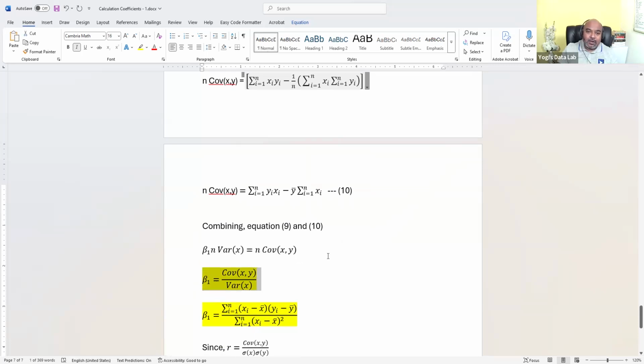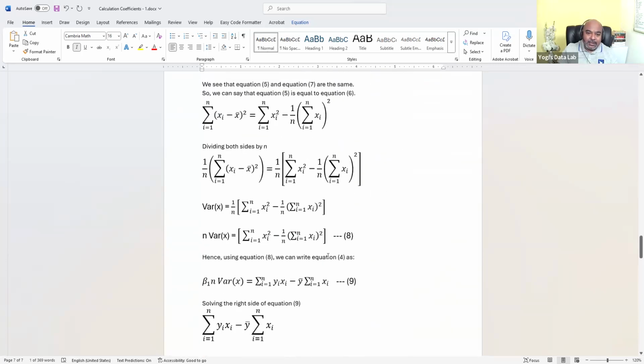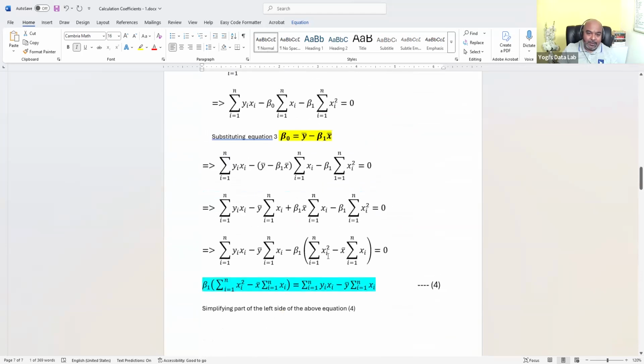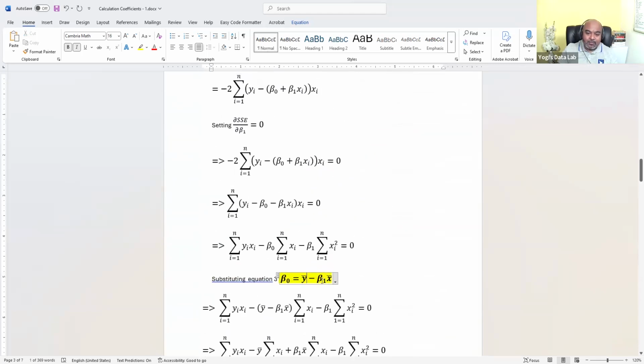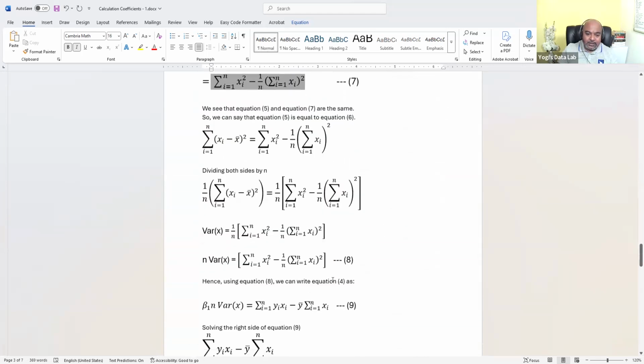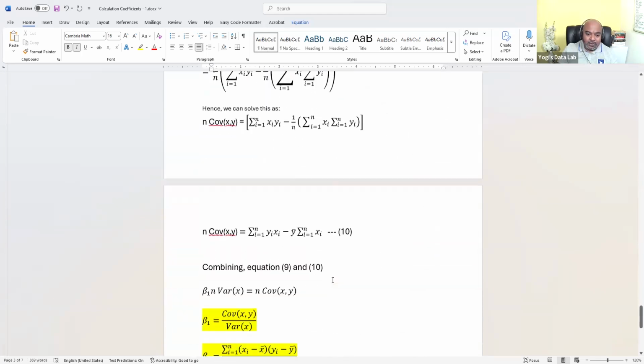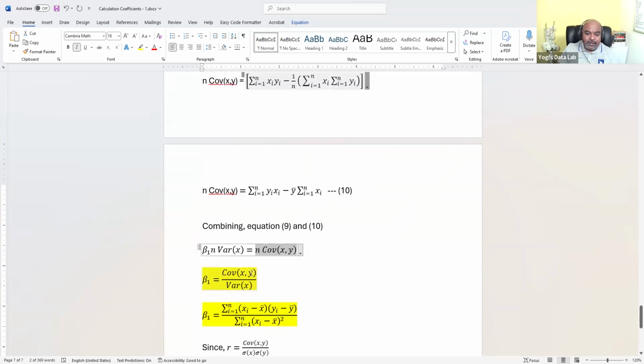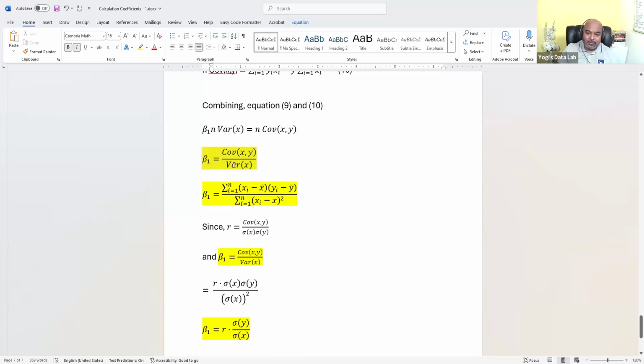So we saw that beta 0, which we calculated here in the very beginning, was y bar minus beta 1 x bar. And using this, we solved further what is beta 1. Beta 1 is covariance of x comma y divided by variance of x.